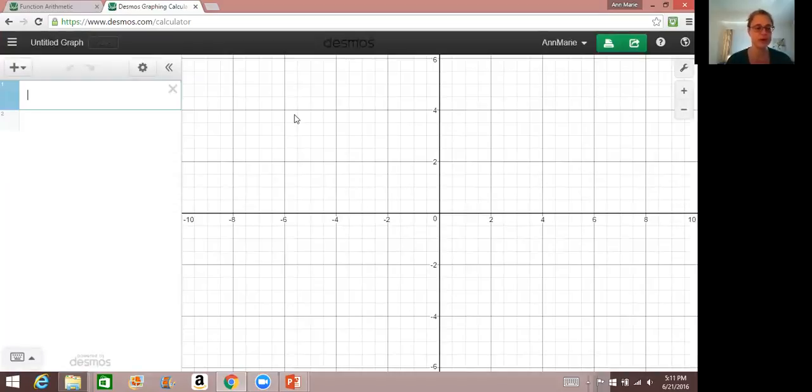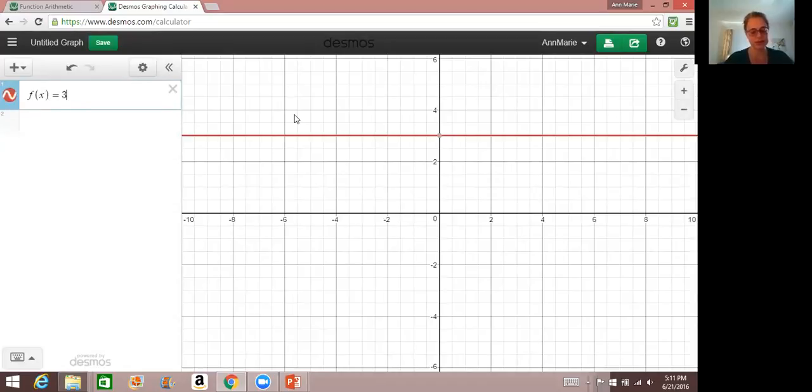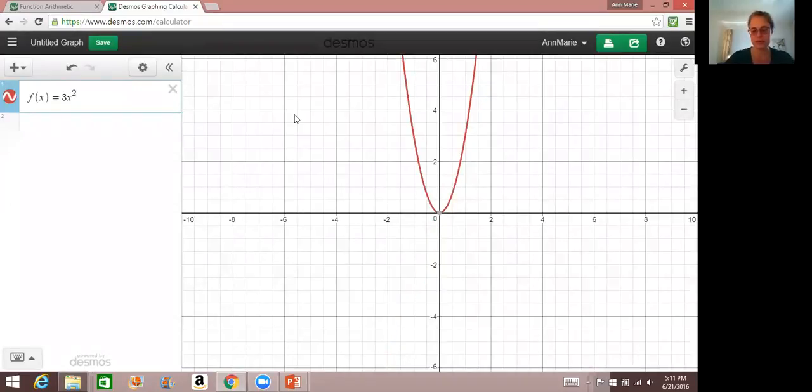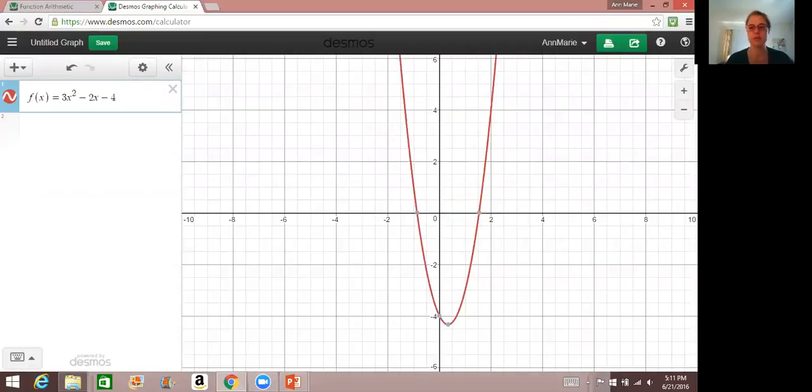Let's pick a function. Let's say f of x equals 3x squared minus 2x plus 4. Minus 4. Okay, that'll work.